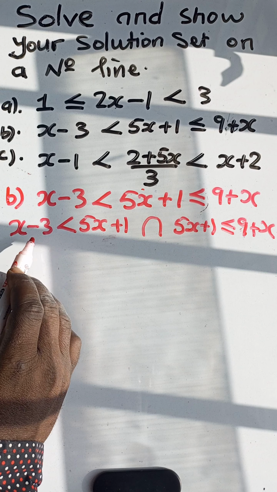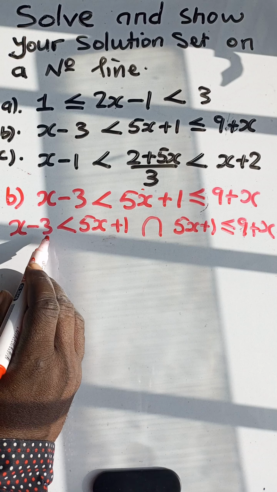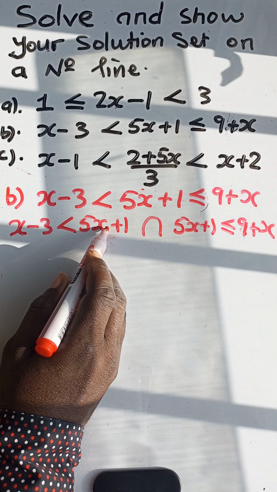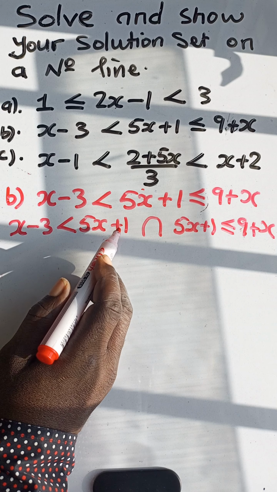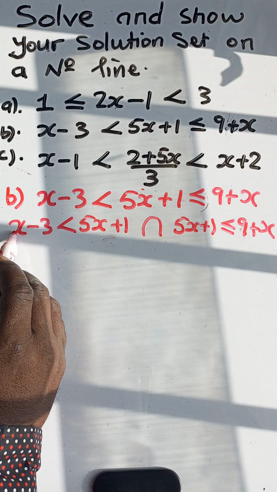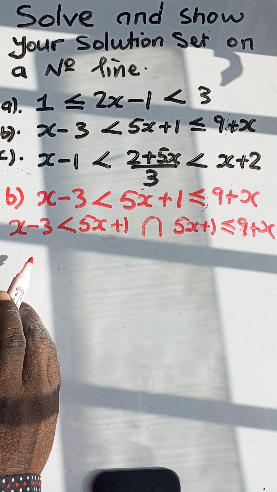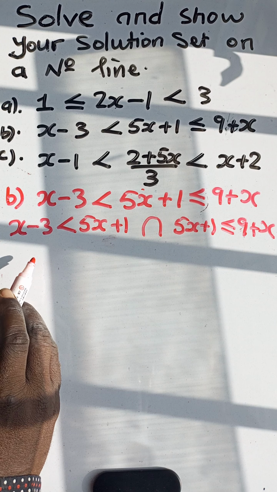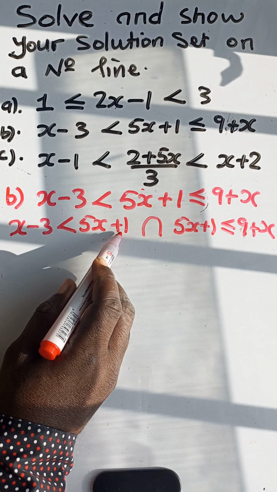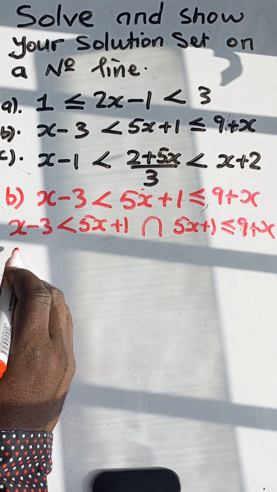Here we can take this negative 3 to the right, or we can take this positive 1 to the left and take this positive x to the right, whichever way you choose. I want to leave my variable in the middle here, so I will take this positive 1 to the left. It will become negative 1.